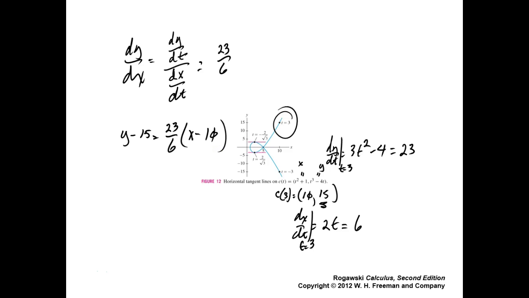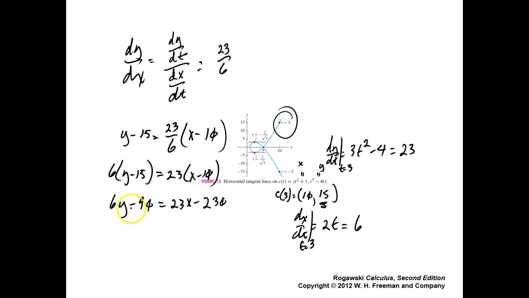I'm not sure that's the one they're going to wind up with, but if you want to write it a little differently, you can multiply both sides by 6. That'd be 6 times y minus 15 is equal to 23 times x minus 10. And if you didn't like that too much, you could call it 6y minus 90 is equal to 23x minus 230. What beautiful numbers we have.